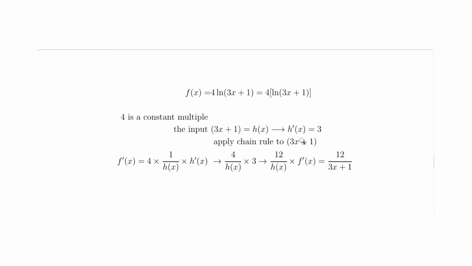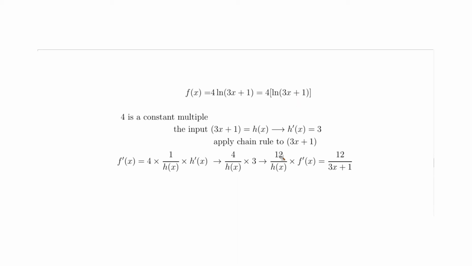So applying the chain rule to 3x plus 1, we've got 4 times 1 over h of x, so that's 4 times 1 over 3x plus 1, times the derivative of 3x plus 1. That again gives us 4, our constant multiple, out up front. So 4 over h of x times 3, which was the derivative of the input.